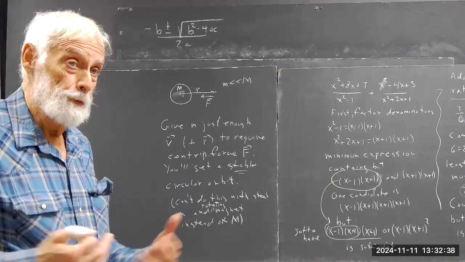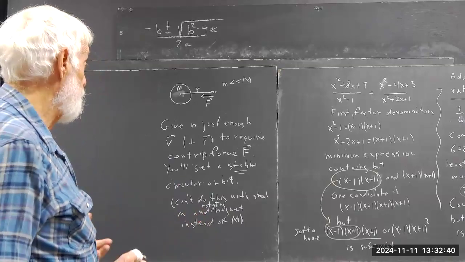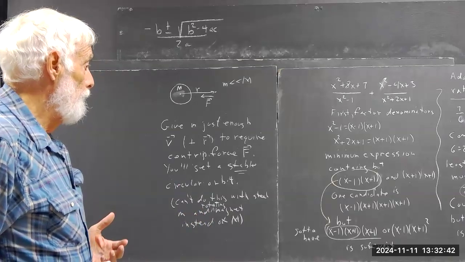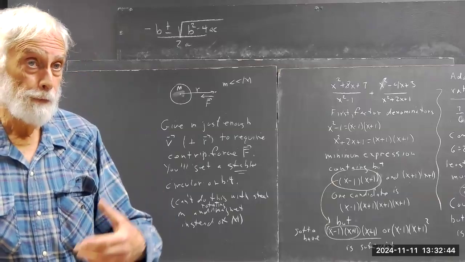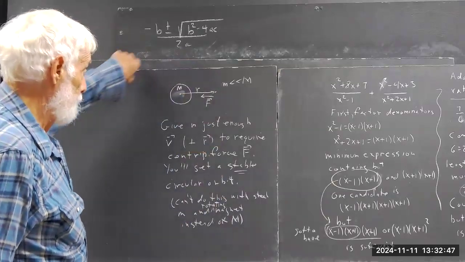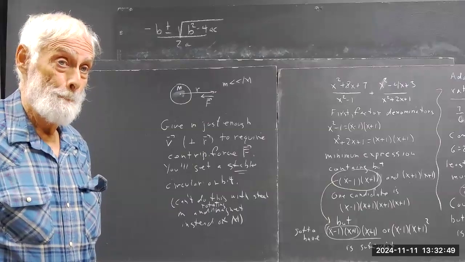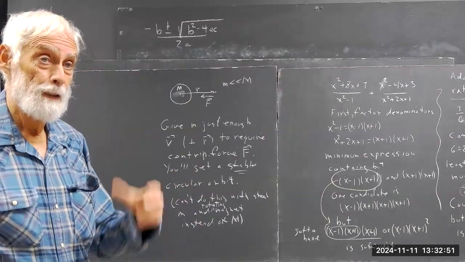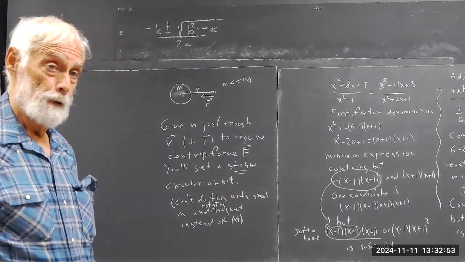Even with feedback loops and all that kind of stuff, you can't modulate the magnetic field enough to maintain a stable orbit. You can't make it constant enough.